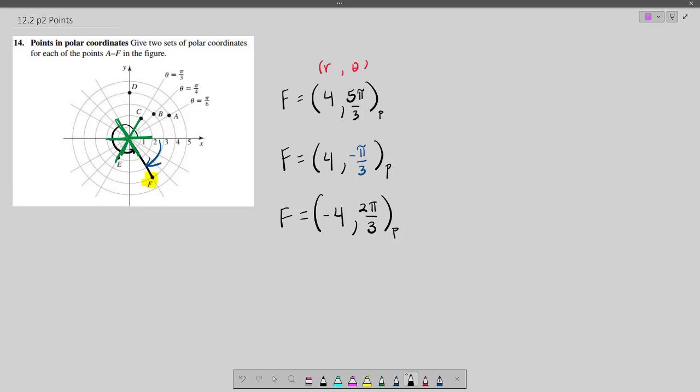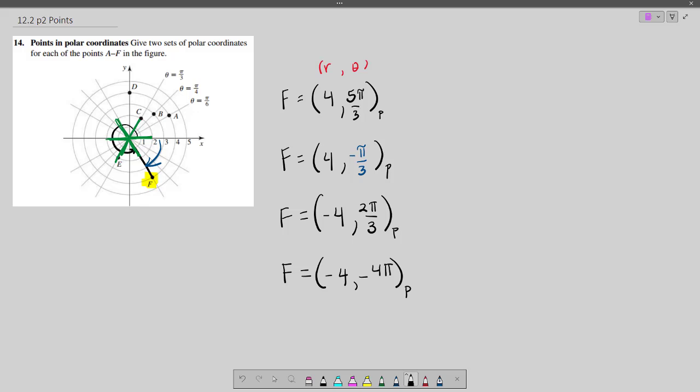And now if we want to be hyper-contrarian, we want both things to be negative. What would our negative angle be? Negative, so we have to get all the way up to here, so negative 1, 2, 3, negative 4 pi over 3. Yep.